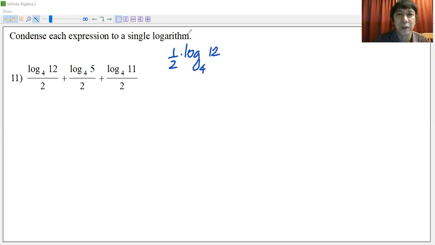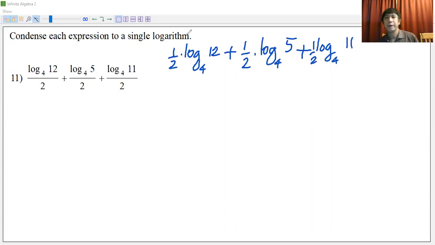Then the second is 1/2 times logarithm of 5 base 4, and then plus 1/2 logarithm of 11 base 4 there. So you see there's a 1/2 in front of each term. Dividing by 2 is the same as multiplying by 1/2.